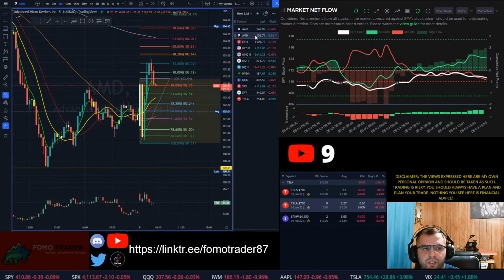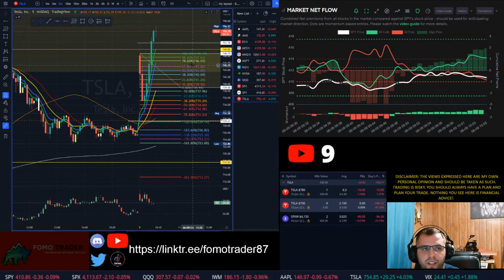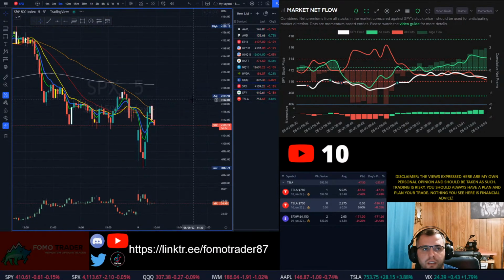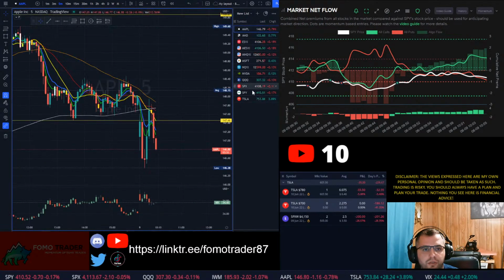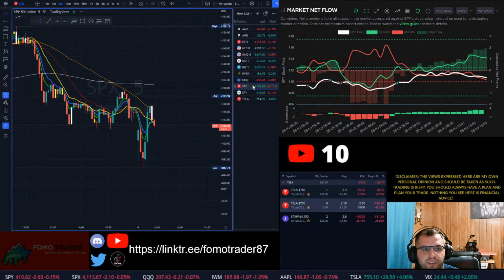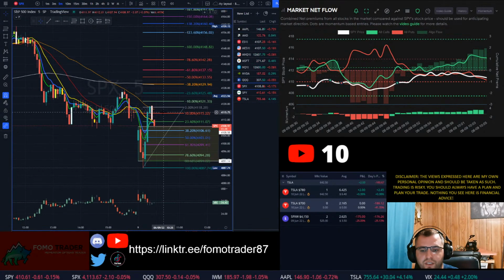So we need Apple to start acting right. It is a big weight in the indexes. SPX, SPY, QQQ, Apple's weight bears a lot on those. And as we can see, Apple is selling off here, and SPX is pretty much doing the exact same thing that Apple is doing.